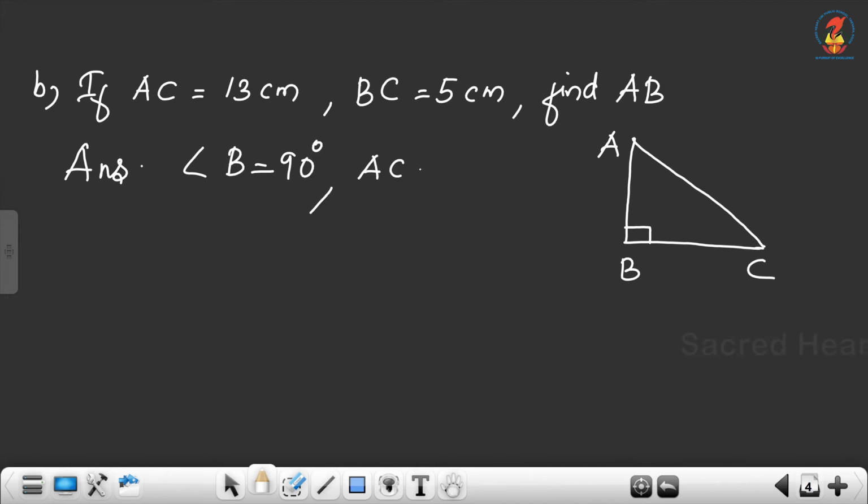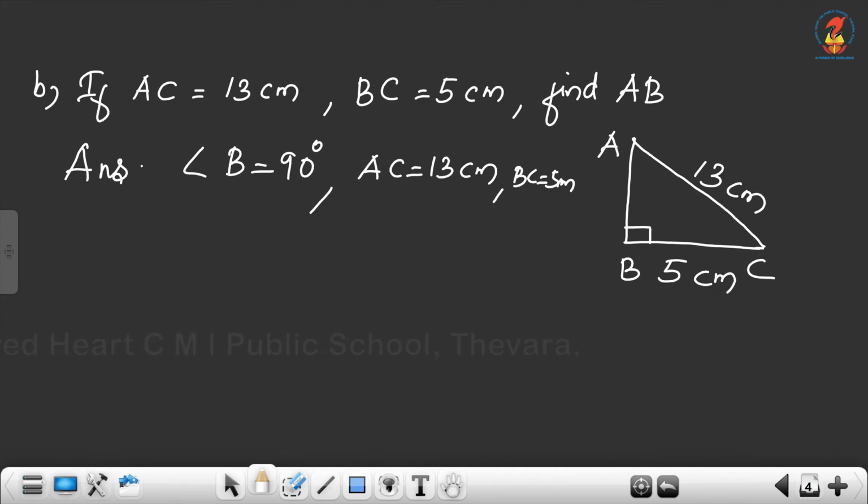Then AC equal to 13 centimeters and BC equal to 5 centimeters. So we have to find the length of AB.